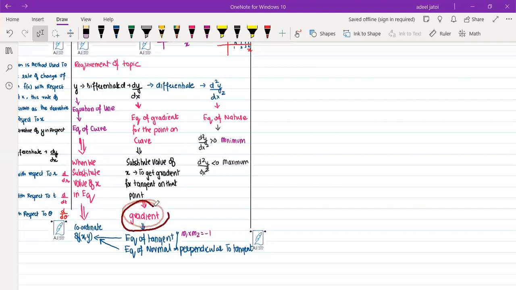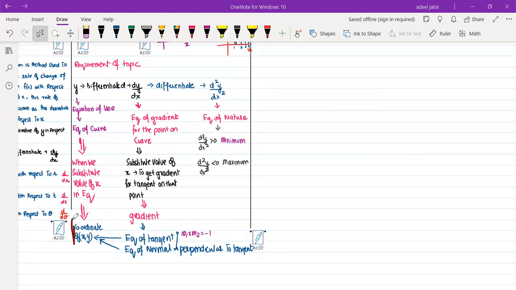With the help of that gradient, we can always find the equation of tangent and the equation of normal. But the equation of normal comes through x and y. Where do x and y come from? From your y equation, which can be the equation of a line or the equation of the curve. When you substitute the value of x in the equation, you get the coordinates.